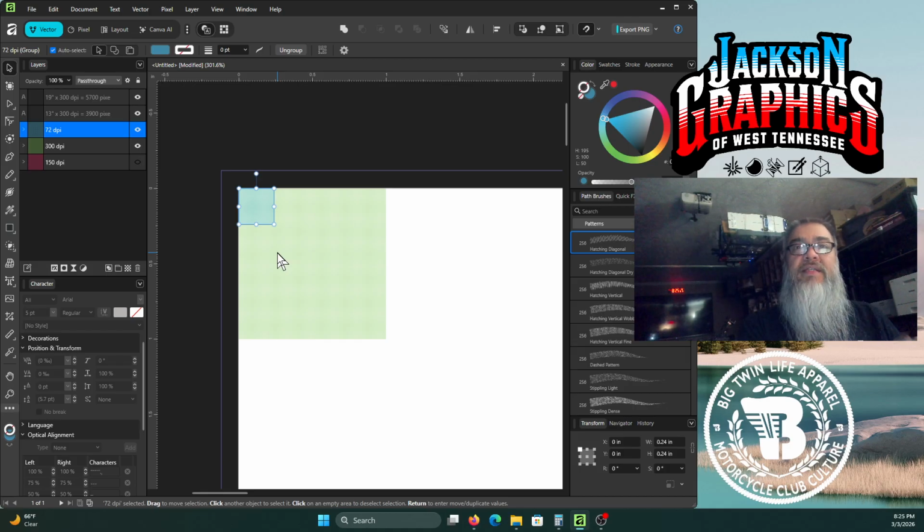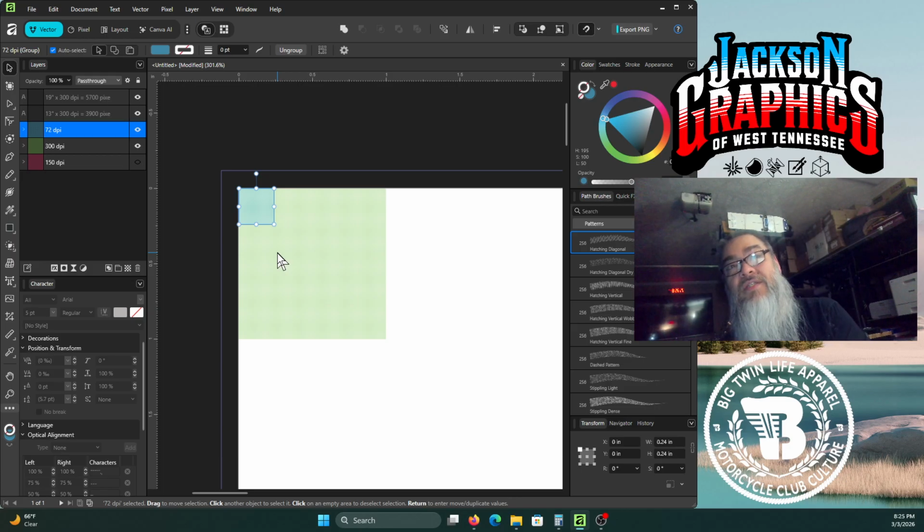You have DPI, which is resolution. You have dimension, which is your inches by inches. And then you have your pixel dimension, which is your inches times your resolution. So if your resolution is 300 and it's a 10-inch image, then your pixels is 300 times 10, or 3000.